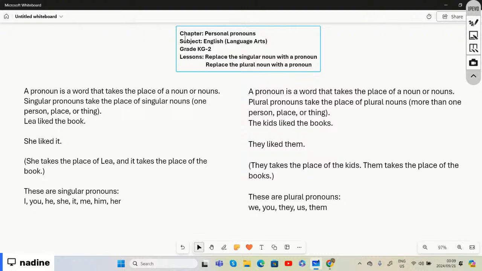And a singular pronoun takes the place of a singular noun, meaning that it is one person, one animal, one place, or one thing.